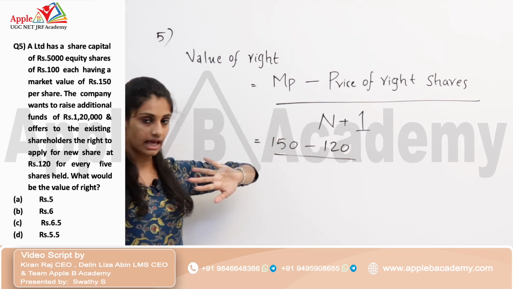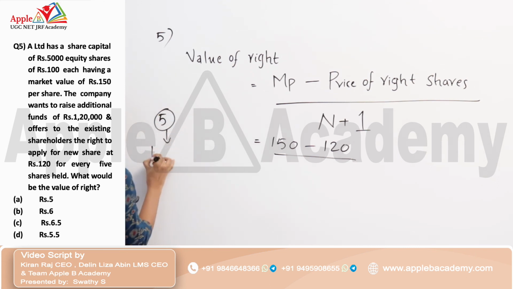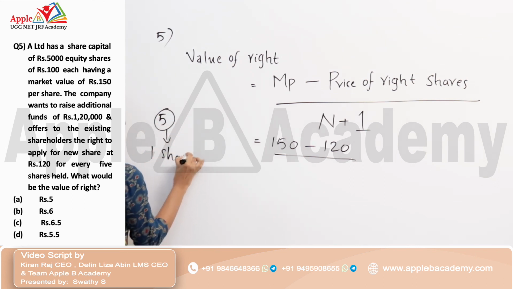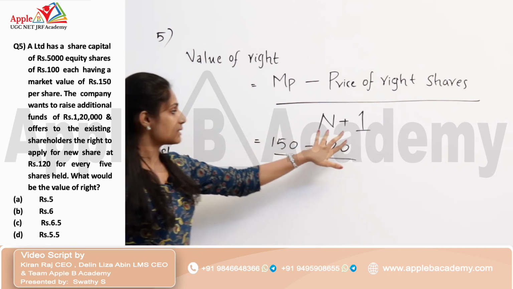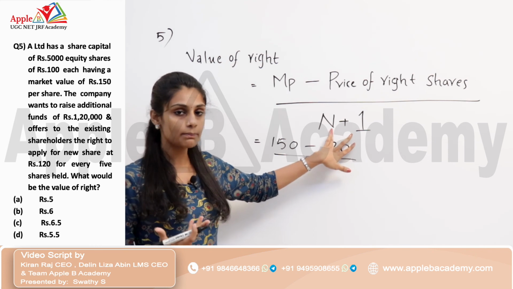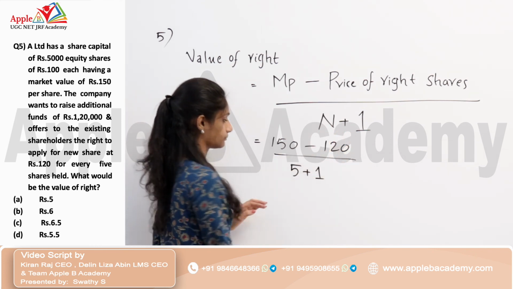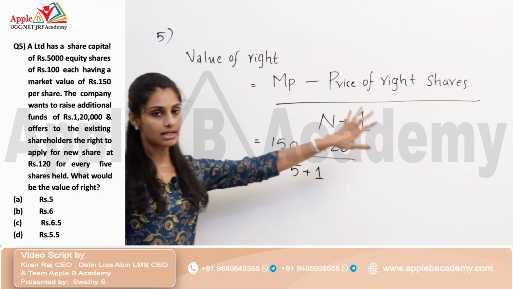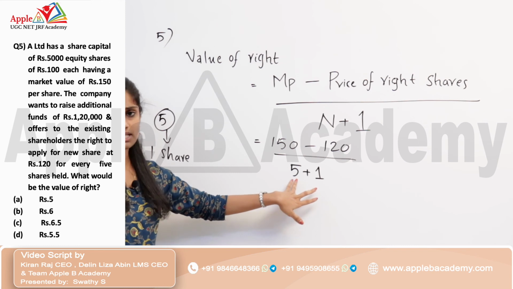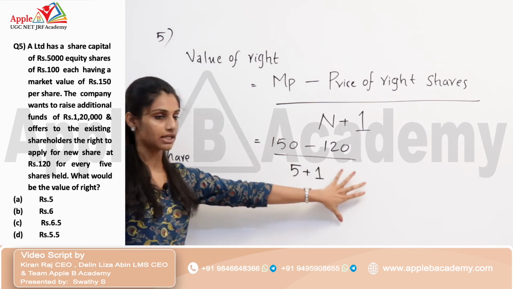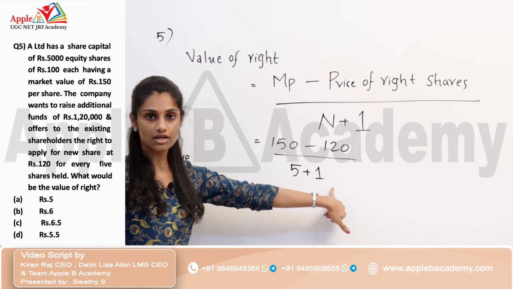It is given that for every 5 shares held, 1 share will be given. That means a person who holds 5 shares will get 1 more. So n is 5, and n plus 1 is 5 plus 1.